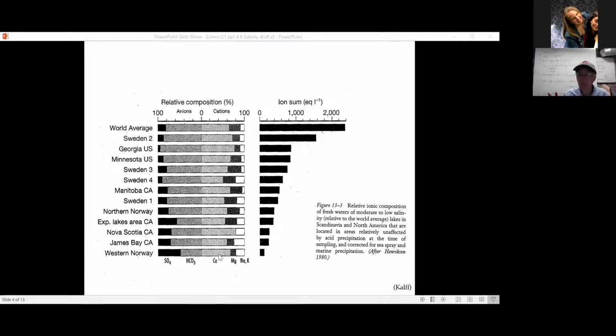And some things with the same charge have different masses. So you can't really infer exactly the milligrams per liter just based on the conductivity of the water.